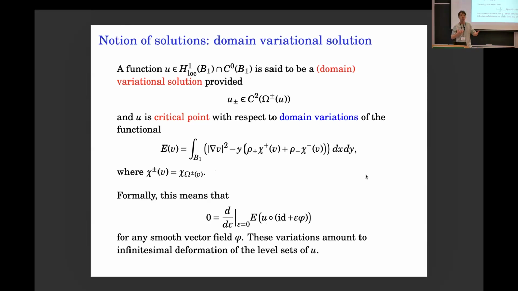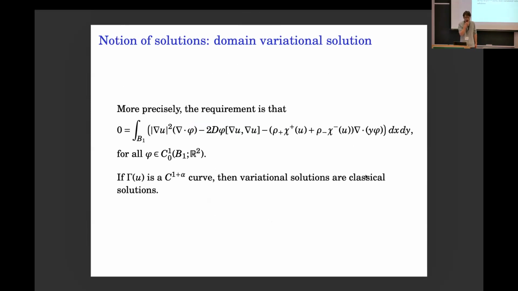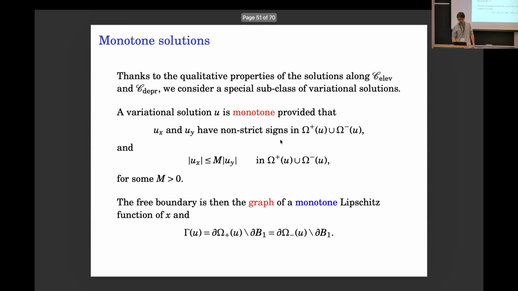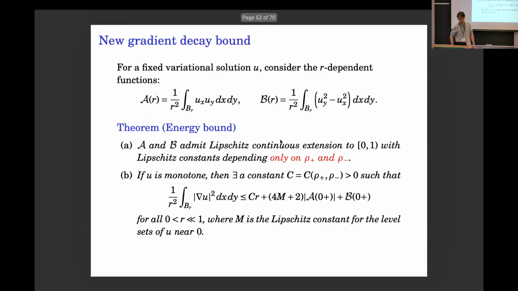So when you want to run this variation, you would like to vary the level curve a little bit. So that's the rough idea. You plug everything in, and then you calculate the variation, you get this identity. It's pretty complicated looking, but this is what's going to be used to generate some control. So let me get to this replacement of the pointwise gradient bound.